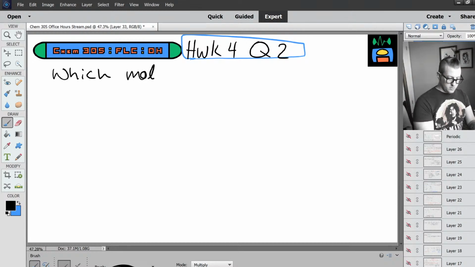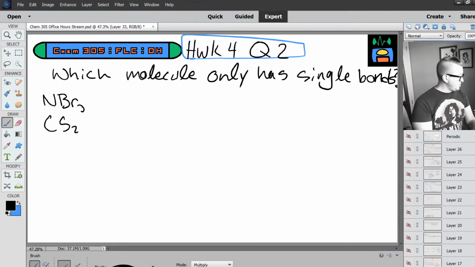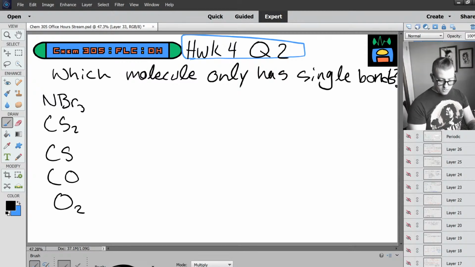Which molecule only has single bonds? And then they give us NBr3, CS2, CS, CO, O2.